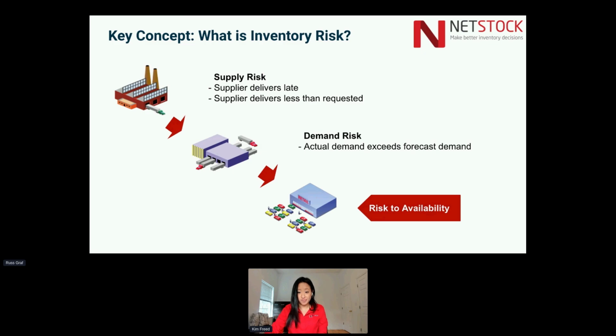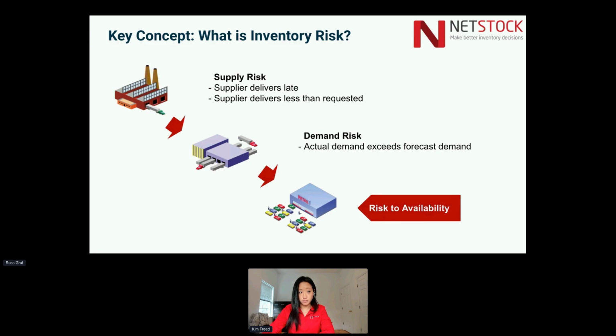So late deliveries is now just a standard part of life. And so that's one challenge or risk. The other is that we get less than we requested, right? We order 100 units of some item and we get 80 or 90. And if that happens consistently, we're certainly going to have a risk to our availability. And so we need to be aware of those risks.